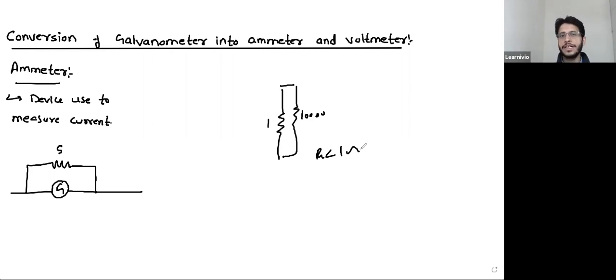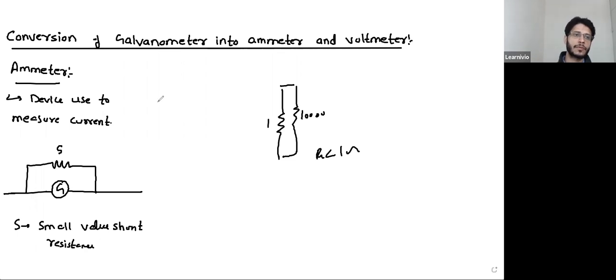In parallel, the equivalent resistance is less than the minimum one. So if I connect a shunt in parallel with the galvanometer, this S is a small value shunt resistance. When I connect this small value shunt resistance to the galvanometer, the resistance of the galvanometer will decrease.